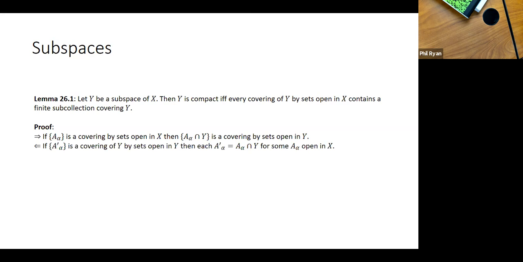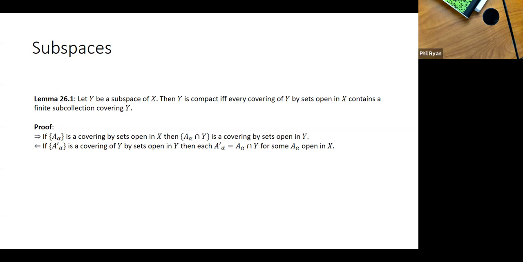And then going in the other direction, it's exactly the same proof, really. Now we say that Y has this property that every covering of Y by sets open in X contains a finite subcollection covering Y. So now we want to show that Y is compact.